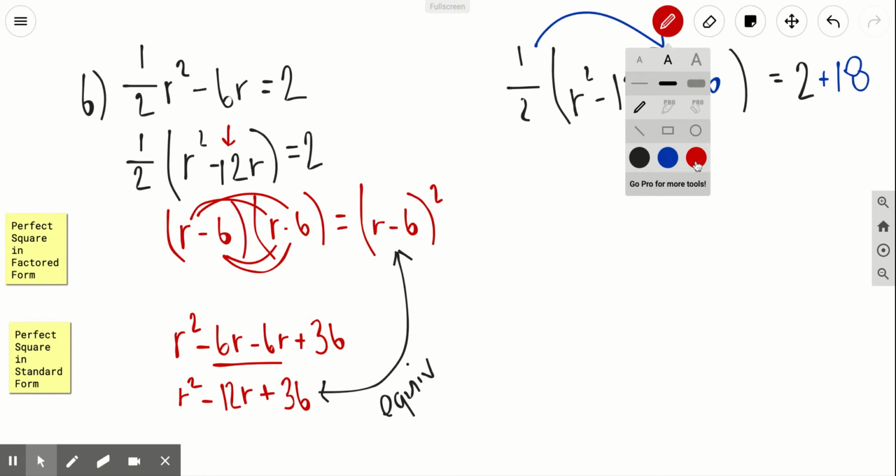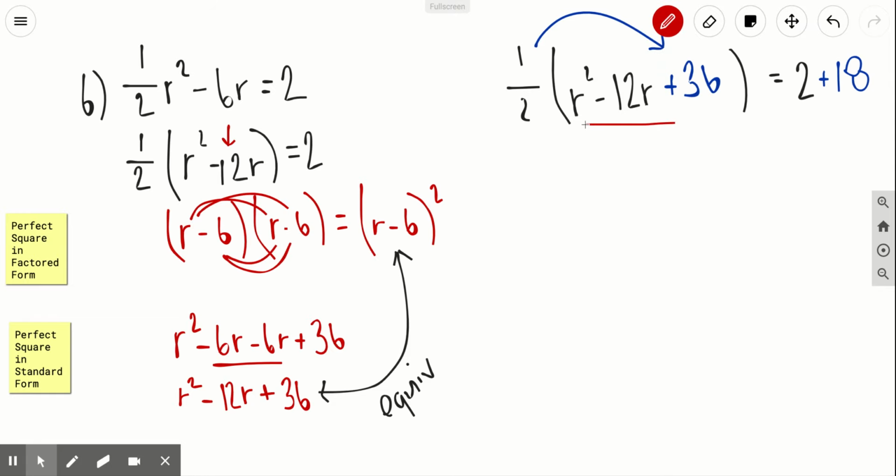At this point, I have my perfect square included in my expression, so I can convert it to factored form. R minus 6 squared times 1/2 equals 2 plus 18, which is of course 20. Now we're ready to simplify because we're looking for r. Your first step is to multiply both sides of the equation times 2, because that will cancel out your 1/2.